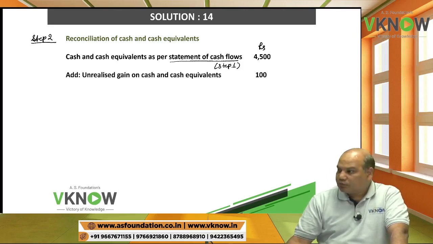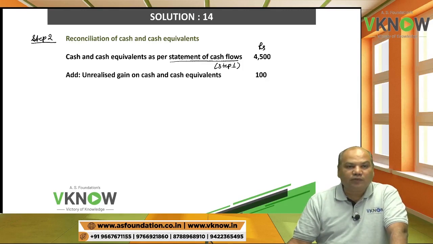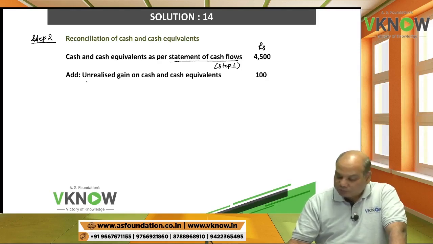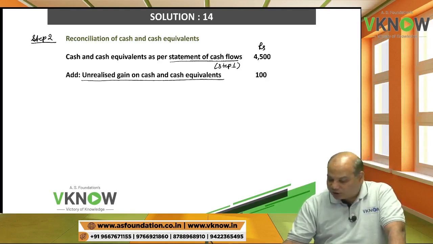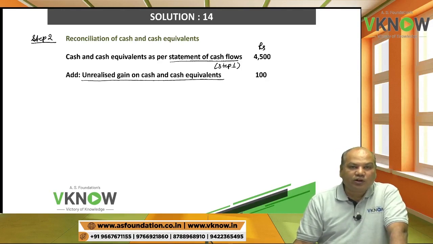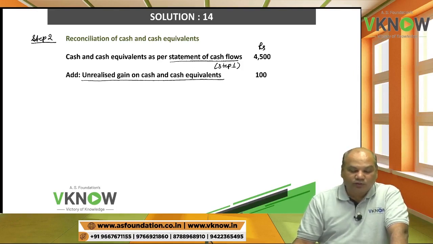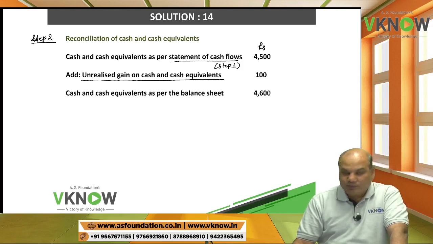4,500. Now in order to reconcile with balance sheet, I will add unrealized gain, because in balance sheet we have taken cash and bank at closing rate. So balance sheet figure is higher because there was an unrealized gain. Unrealized gain on cash and cash equivalent 100 rupees.